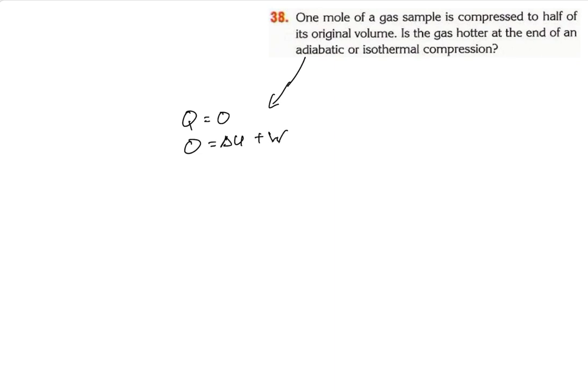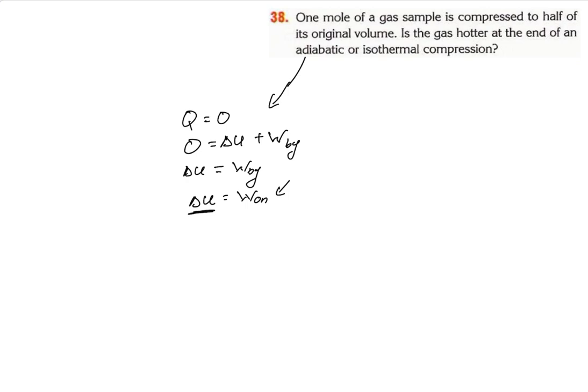0 will be equal to delta U plus work done by the system. That means delta U is equal to negative work done by the system, or internal energy change will be equal to work done on the system. So by doing a positive work on the system, by compressing it, by applying a force, internal energy can be increased.